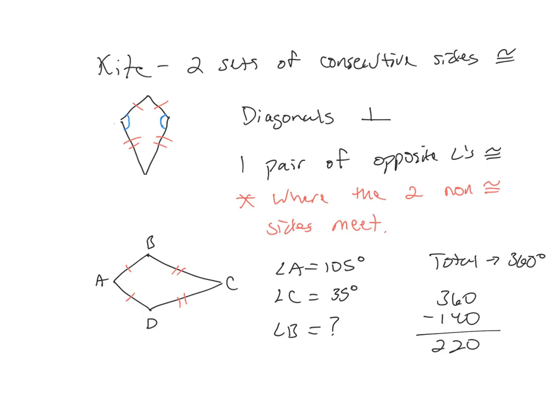But if both of them are congruent, then they have to be the same. So then I would do 220 divided by 2 is 110 degrees. So angle B and angle D would be 110 degrees.